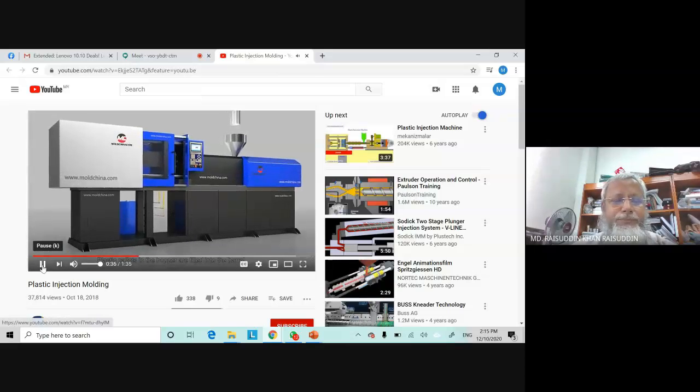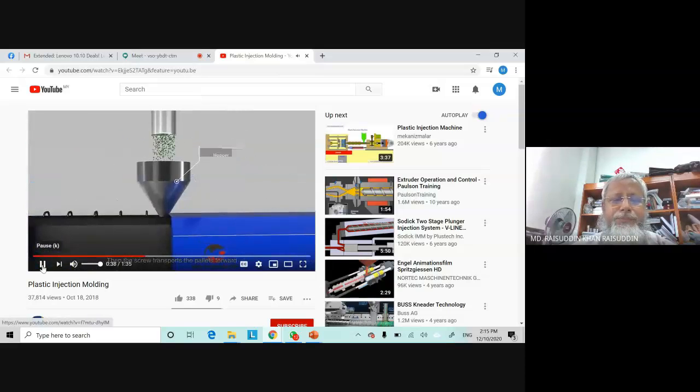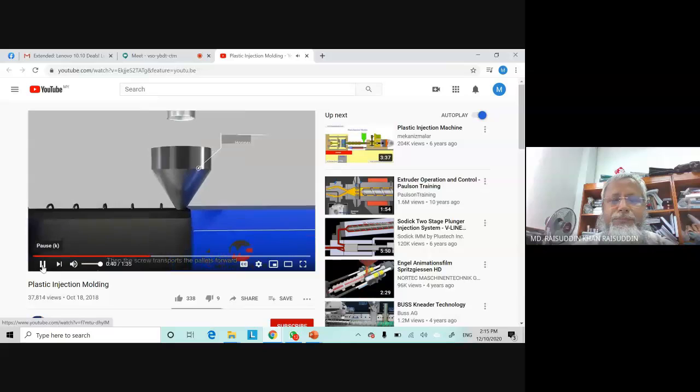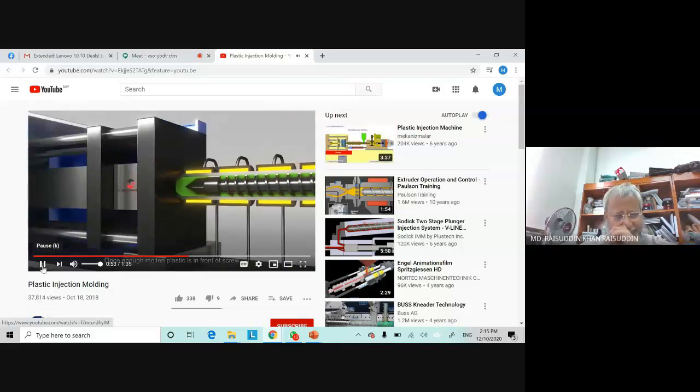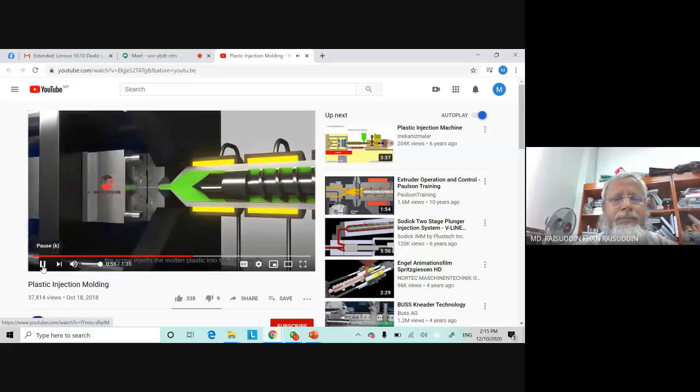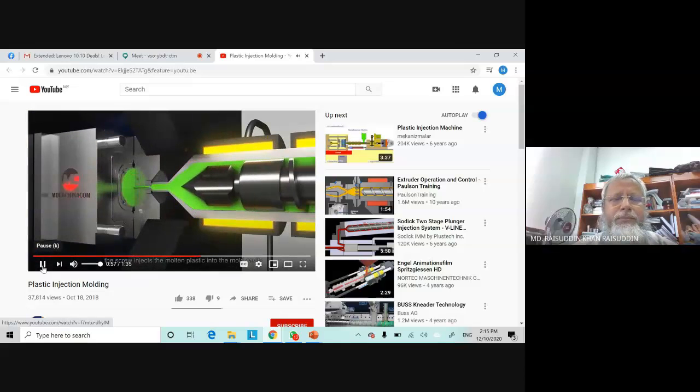Plastic pellets are filled into the hopper. Then the screw transports the pellets forward and advances rapidly from the plastic pellets. As the pellets are melted, the screw rotates gradually. Once enough melted plastic is in front of the screw, the screw injects the melted plastic into the mold.